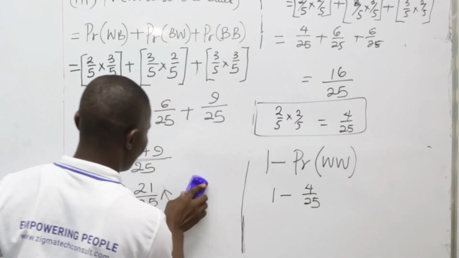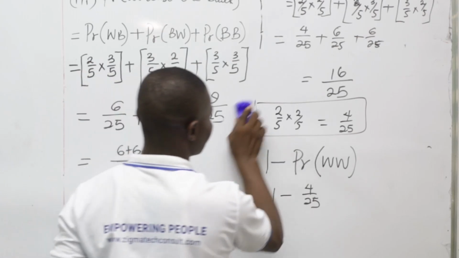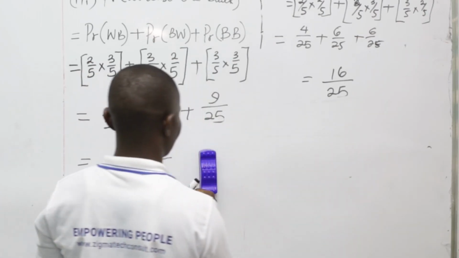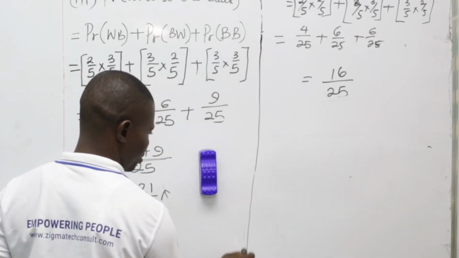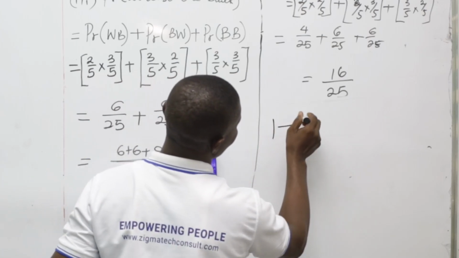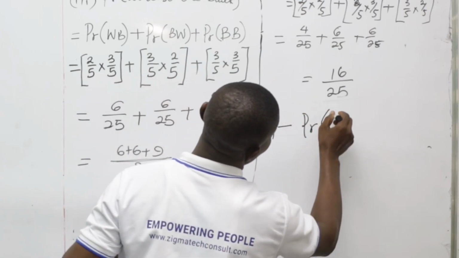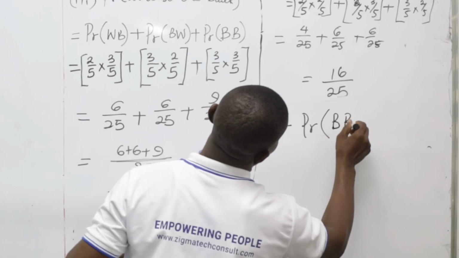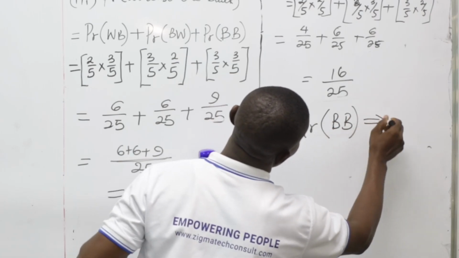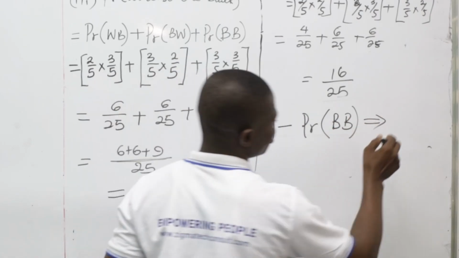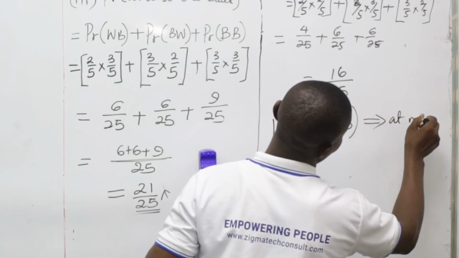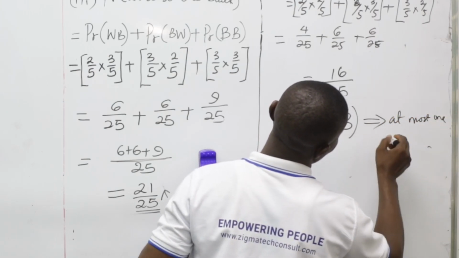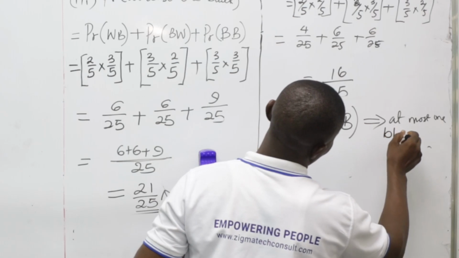At least you can see other means of getting that same solution. 1 minus probability of black black will give us at most 1 black.